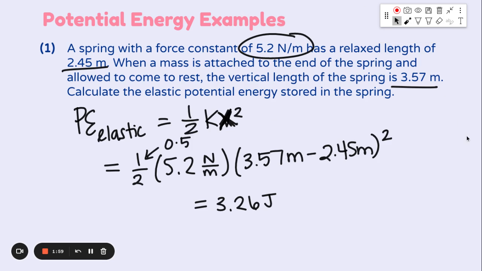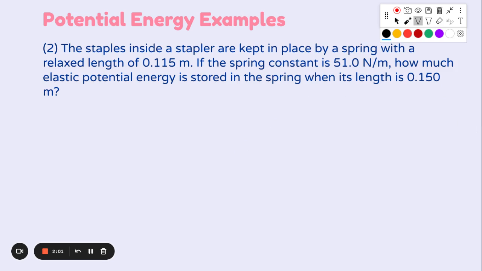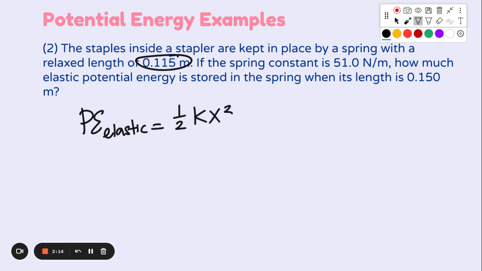All right. Next one is the exact same type of problem. So potential energy elastic is equal to 1/2 kx squared. It says the staples inside of a stapler are kept in place by a spring with a relaxed length of 0.115 meters. The spring constant is 51 newtons per meter. How much elastic potential energy is stored in the spring when its length is 0.150 meters?